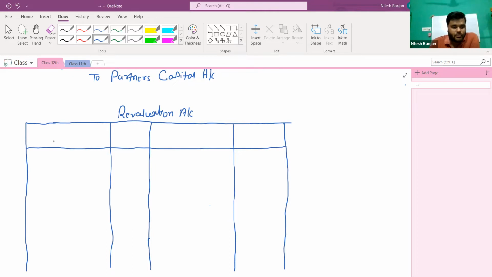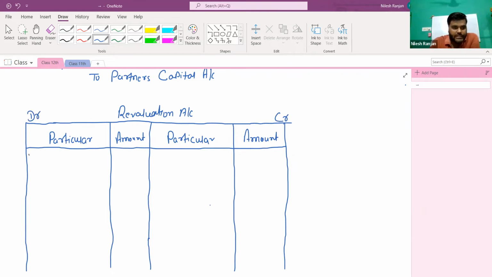Okay, so now you can write particular, amount, particular, amount. This is credit and this is debit.